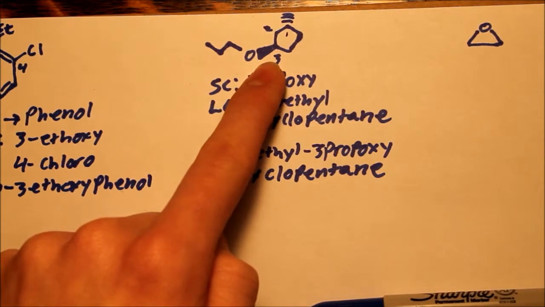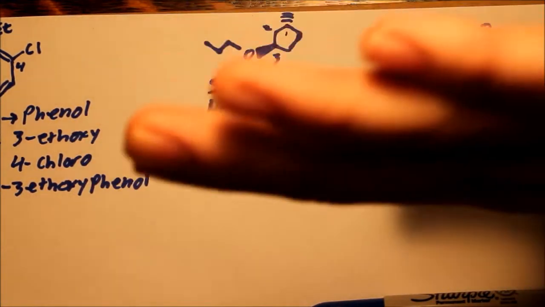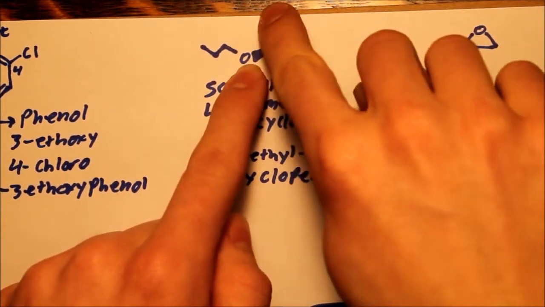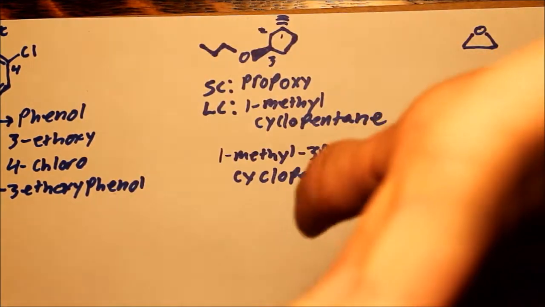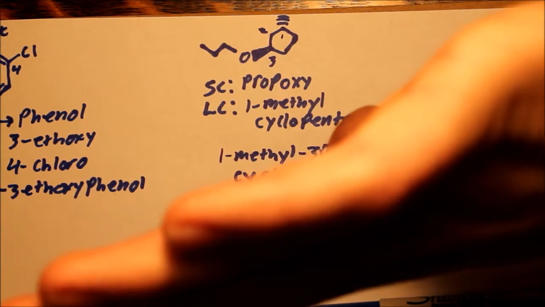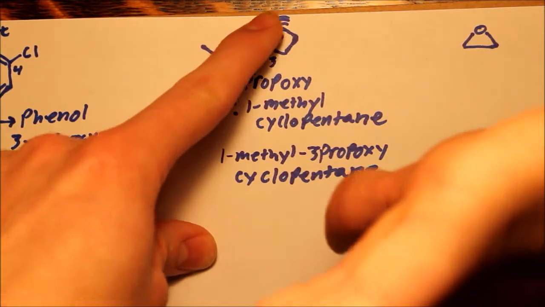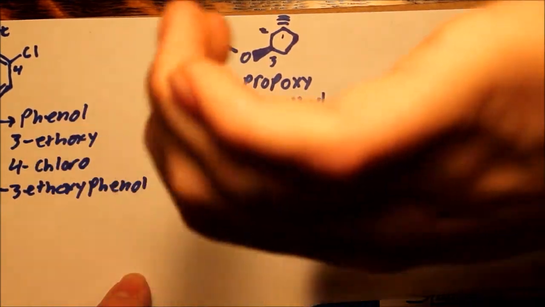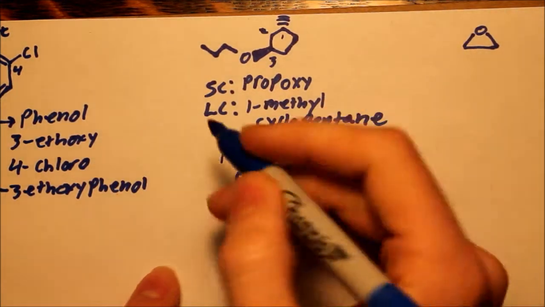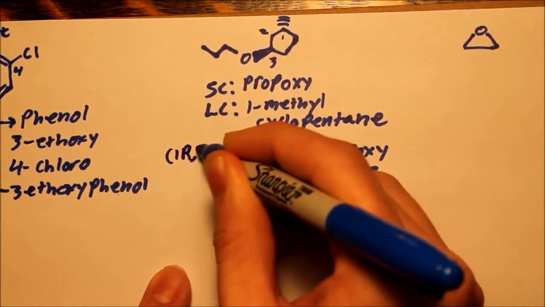If you imagine that your finger is down and you're moving it up, you're still closing it this way because your priority group isn't over here, it's over here. So bring your thumb down here, because the hydrogen's going into the plane, not out of. And then your next highest priority group is over here, so you just close it like this, and voila, still your right hand. So what we'd say for these is 1R, 3R.